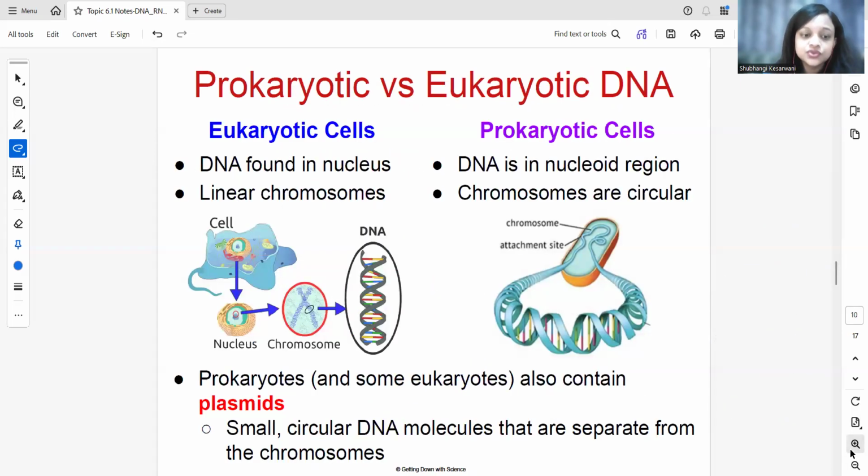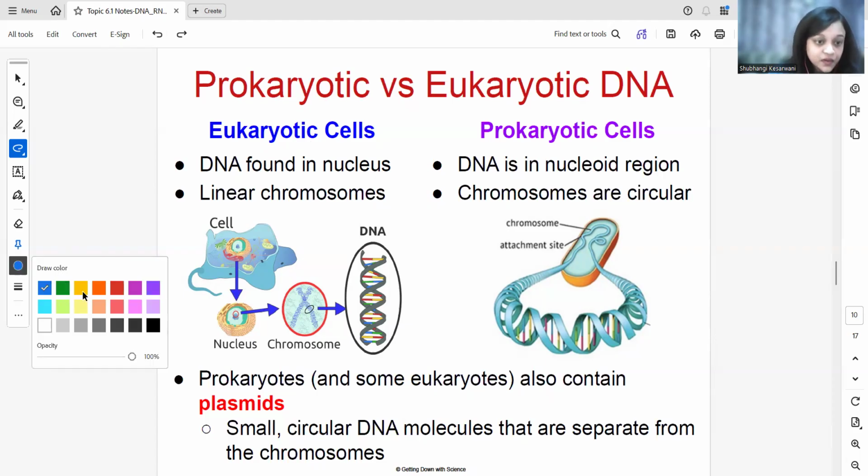Okay, now come to prokaryotic versus eukaryotic DNA. So basically your cells, which are eukaryotic cells, keep the DNA safely inside the nucleus. And what about bacteria?